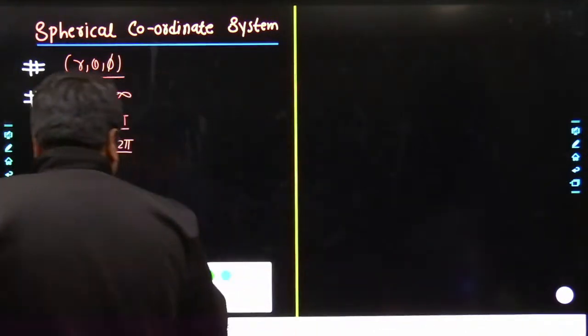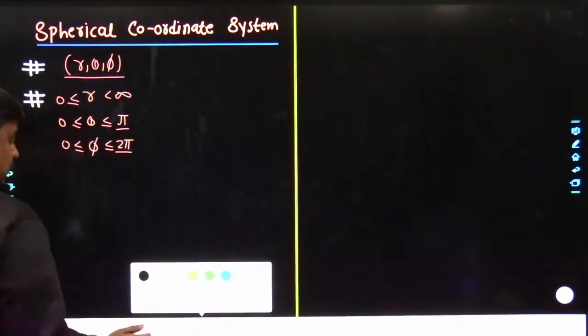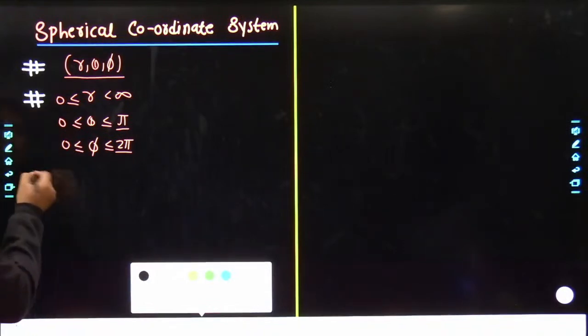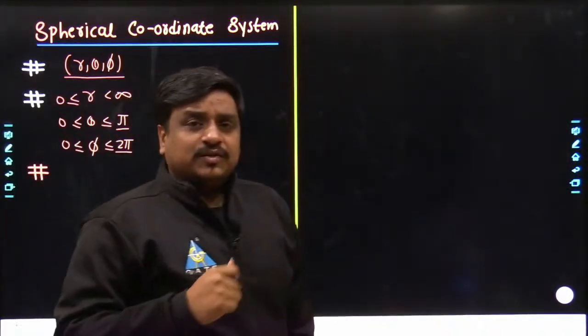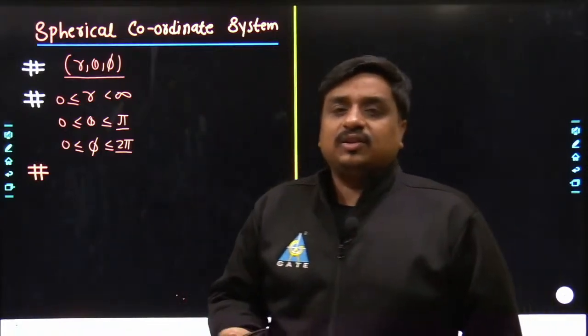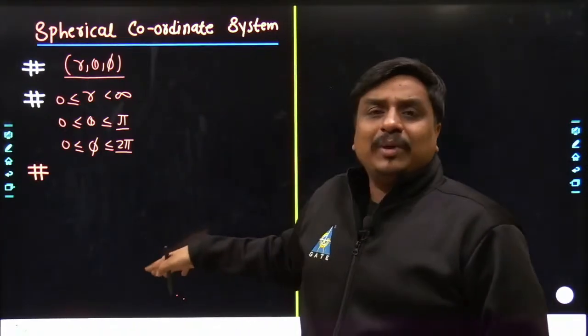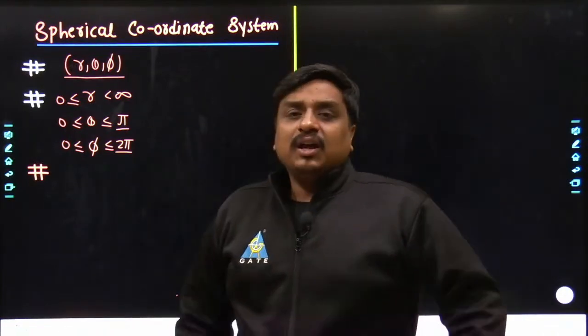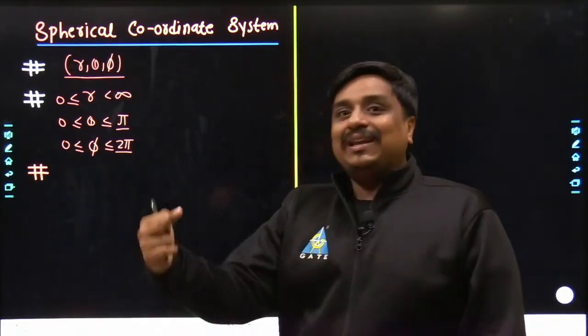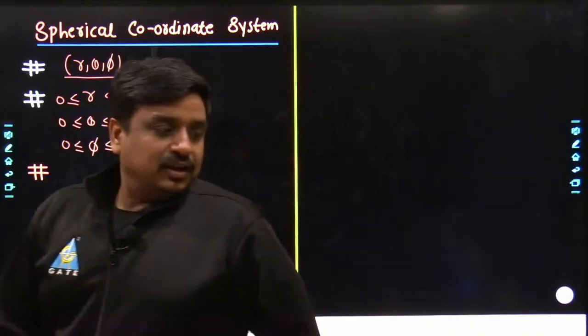So definitely I can take a situation where in the background I have taken the Cartesian coordinate system. How many axes will you have? 3 axes. On the right-hand side you will have the positive y axis, upwards you will have the positive z axis, and vertically outwards you will have the positive x axis.